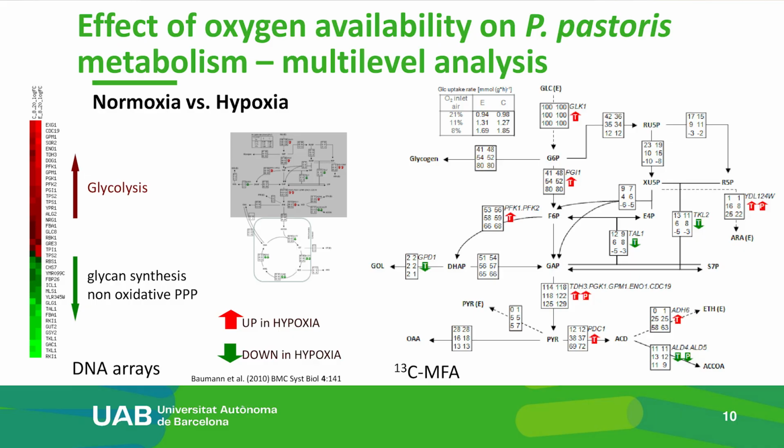We then generated flux maps for these different states, and we could verify that indeed under hypoxic conditions the glycolytic flux increased a lot, whereas the non-oxidative pentose phosphate pathway decreased, and you also have a decrease in the TCA cycle, both at the transcriptomic and metabolic flux levels.